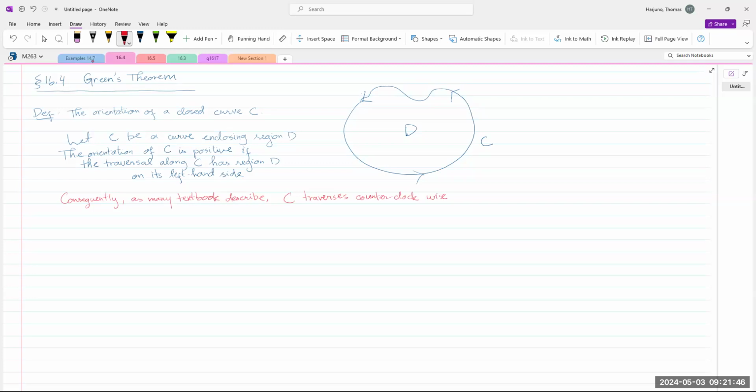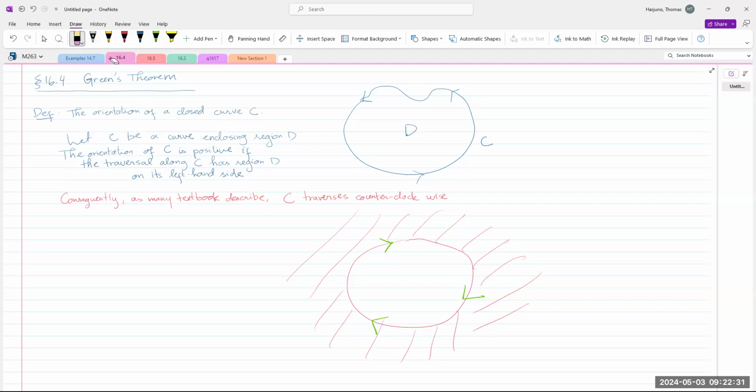It is more about the position relative to D though. In other words, suppose I have a curve C and the region D that we are talking about looks like this, right? The region is actually the one outside of that white one. Then the positive orientation actually refers to this one if you travel this way, because then this is the direction you travel such that the corresponding region is on the left-hand side.